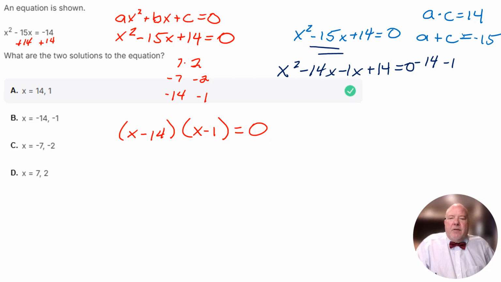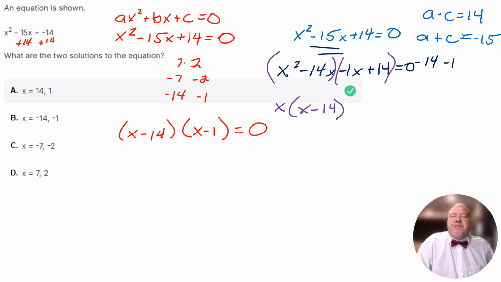And so what we're going to do next is break this into two groups like this, and factor these two groups if we can. In the first group, I have a greatest common factor of x. So I'm going to factor out the x, and that leaves me with x minus 14.